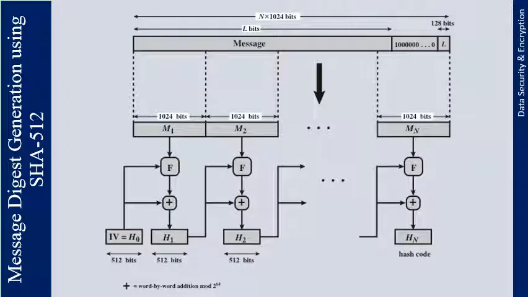SHA-512 is the version we discuss, and the logic of SHA-512 is represented here. The algorithm takes as input a message with a maximum length of less than 2 raised to the power 128 bits and produces an output of a 512-bit message digest.